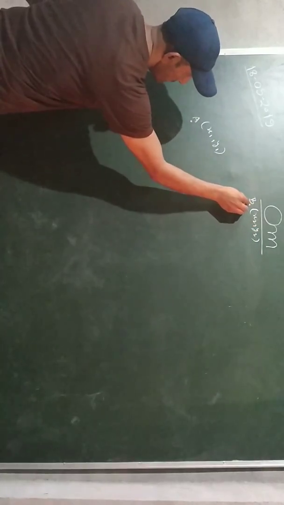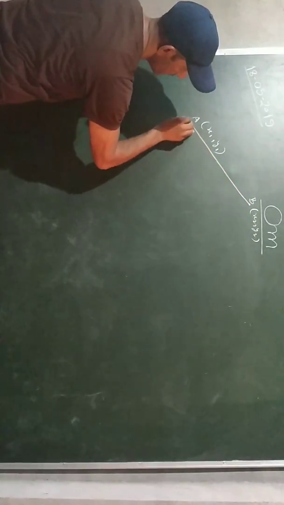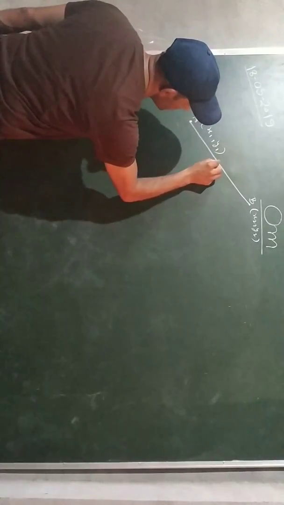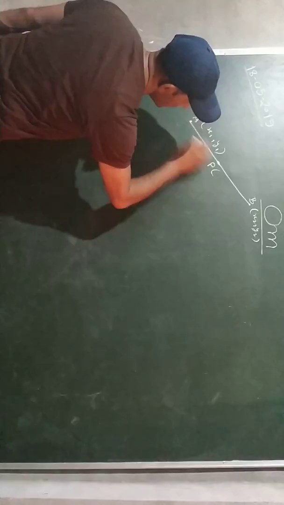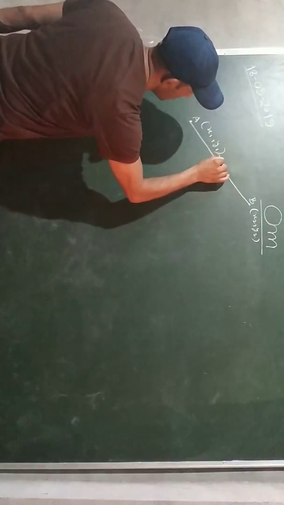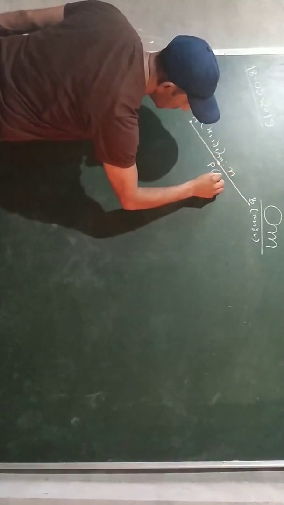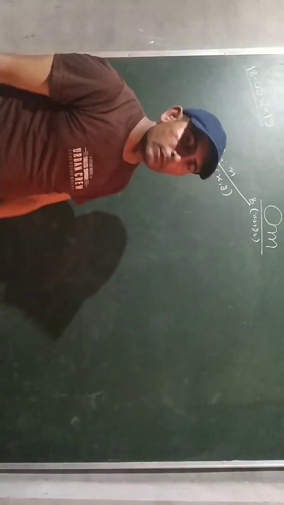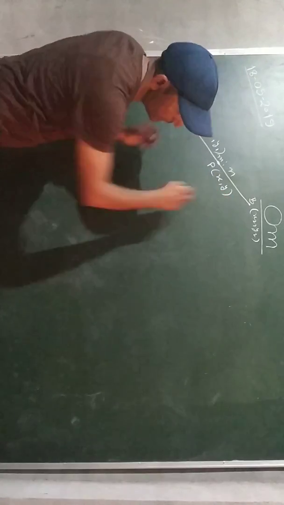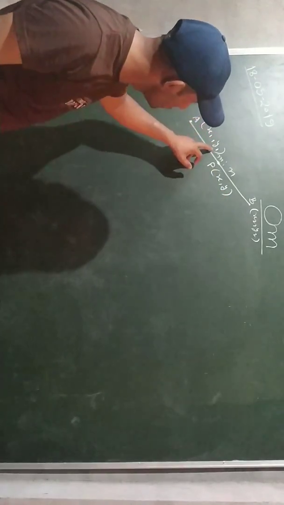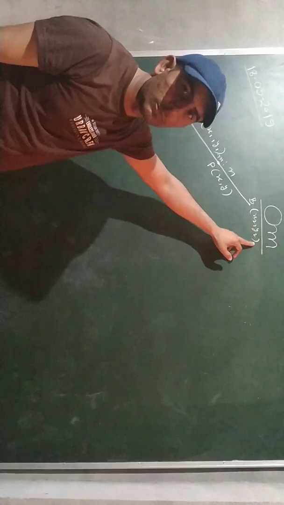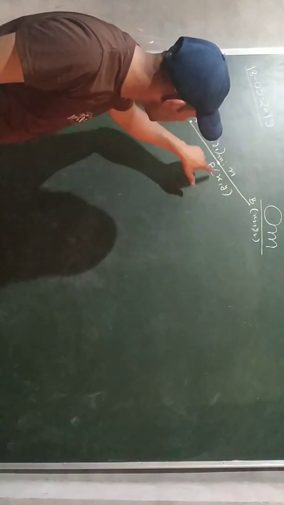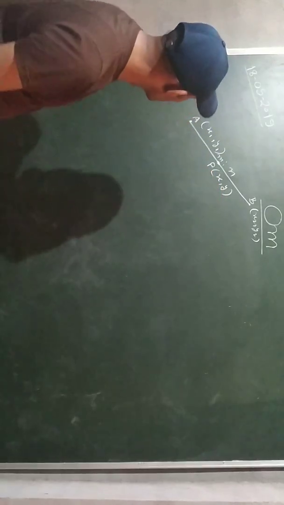Let us join these points A and B. Now let we have another point P which divides AB in the ratio m is to n, and coordinates of P are x, y. We have a line segment AB with P on it.